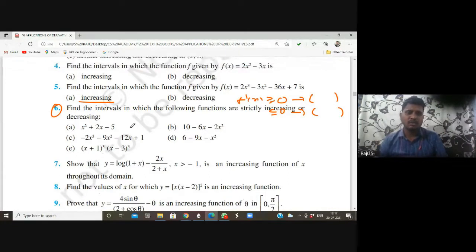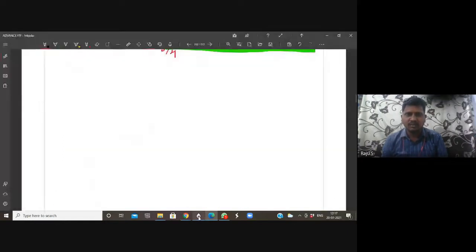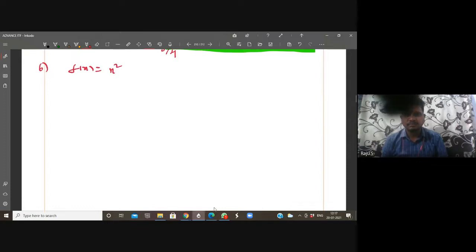In question number 6, either we can do it by the completing square method, or else we'll do it directly by method 2. Method 1, method 2. Question number 6, the first one: what is the given function, students? x square plus 2x minus 5.